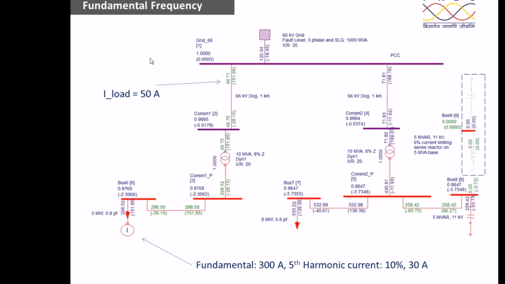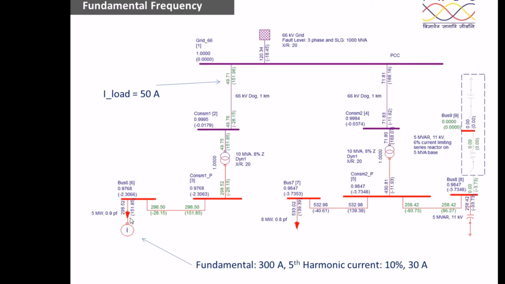First and foremost, you do the load flow at the fundamental frequency. Once you do the power flow for the given system at the fundamental frequency and plot the current, you will be able to find out what is the I load at each and every point. What is the I load here? 50 ampere, because it is 300 ampere here, and it is a 66 kV bus, 66 by 11.